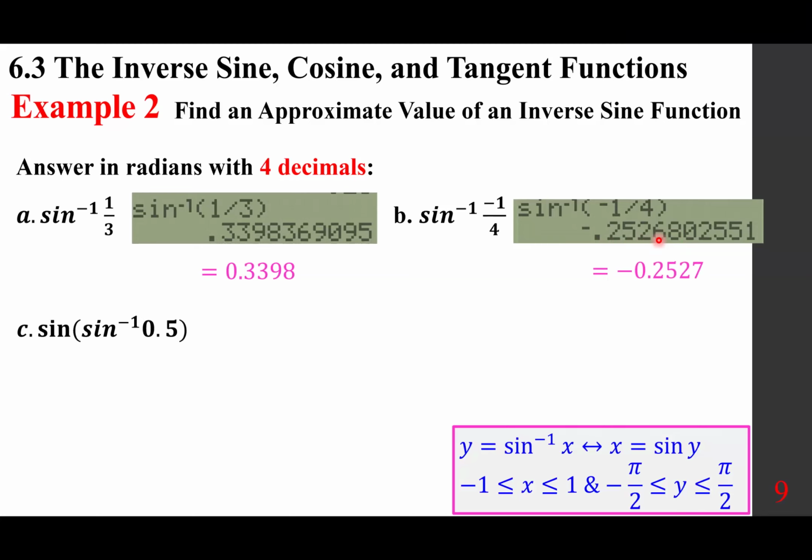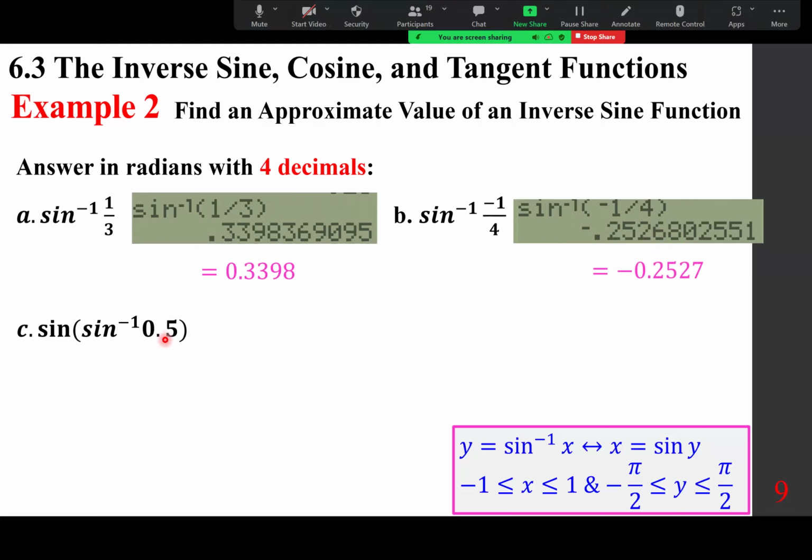Sine of sine inverse of 0.5. It's important for this number to be in the domain of this function. That means sine inverse.